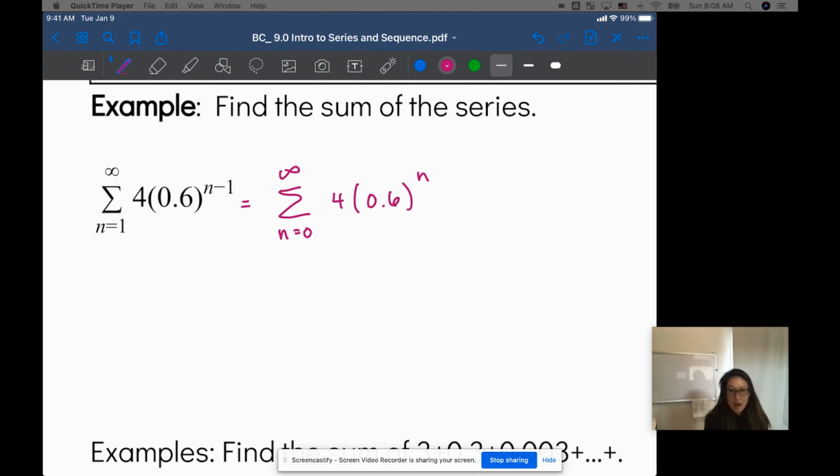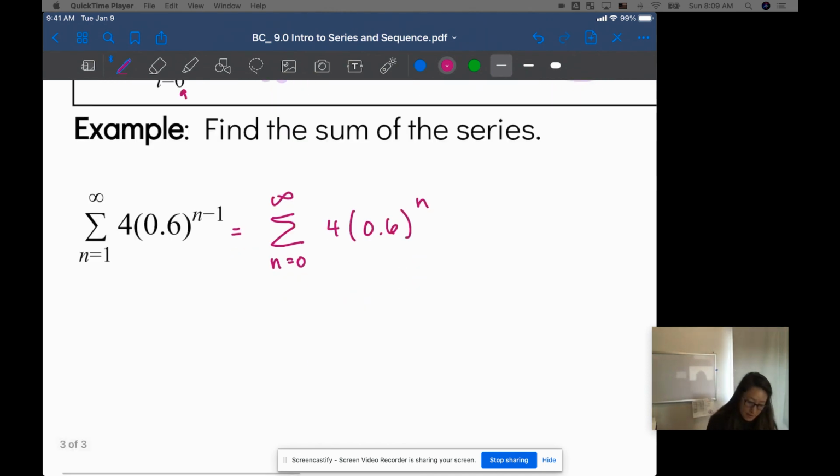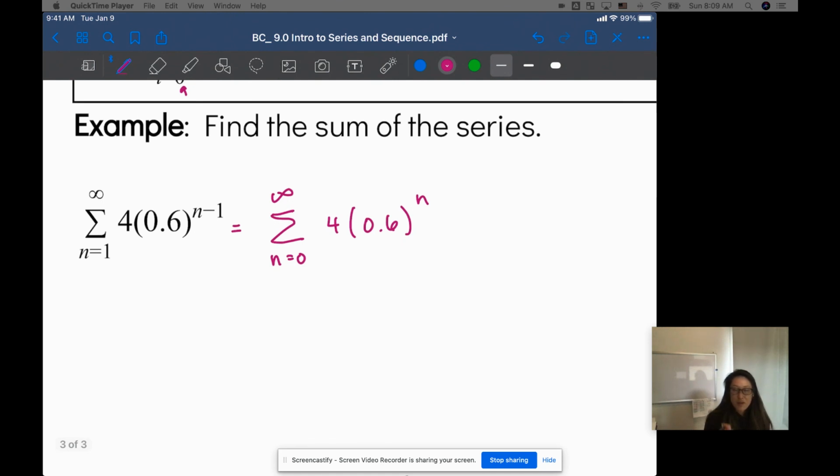So this is now in the same form as we can see in our notes here. So when n is equal to 0, we're starting with the initial value of 0, so you don't have to adjust your exponent at all. Okay, you don't have to transform the function.